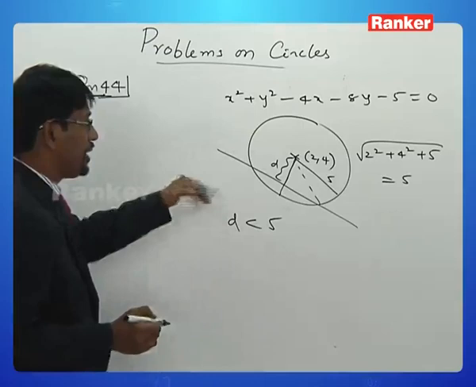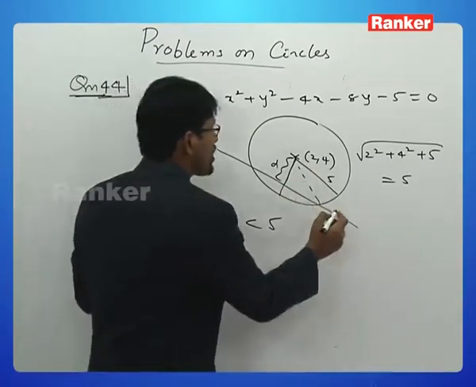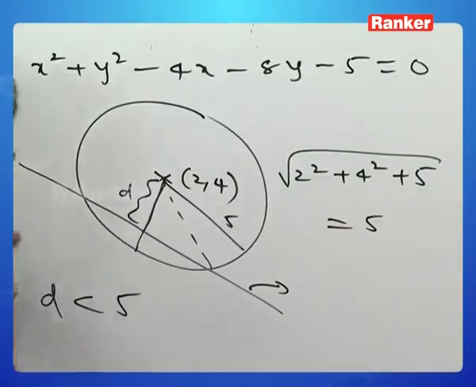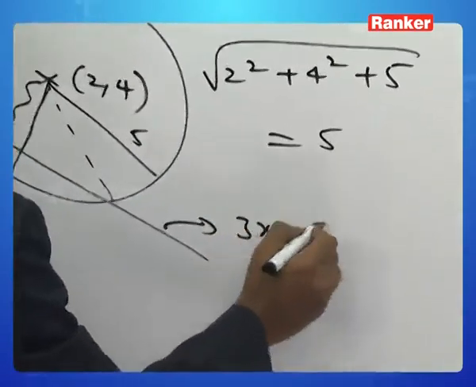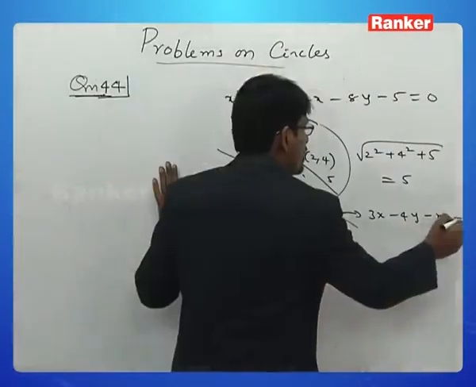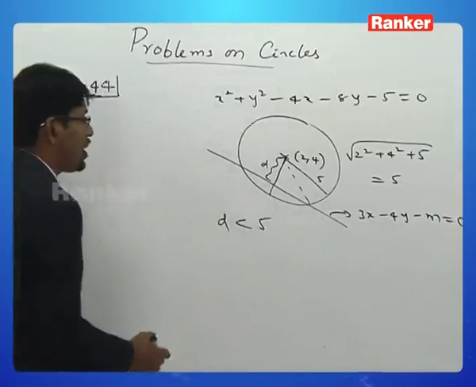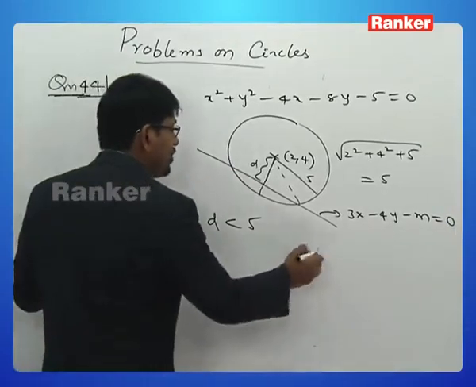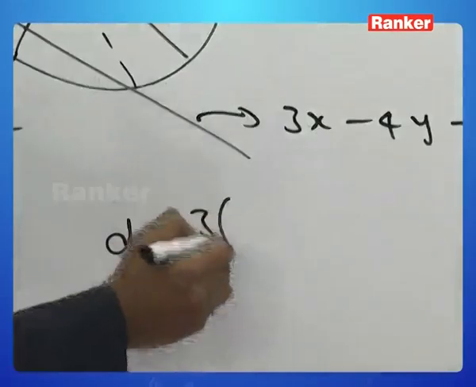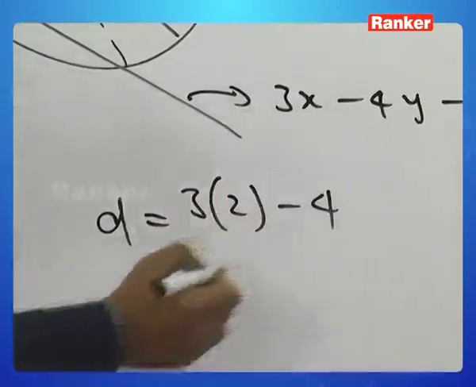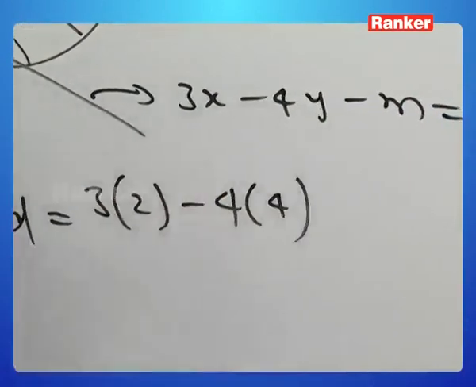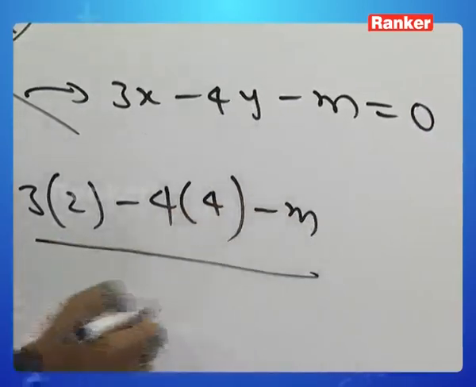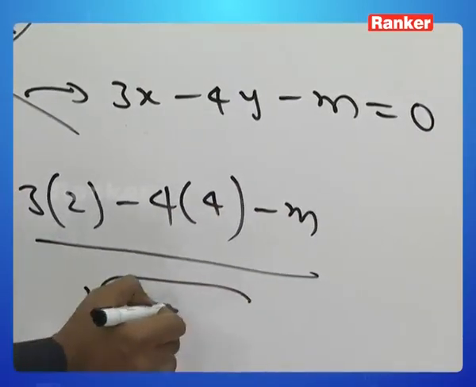What is D? The perpendicular distance from 2 comma 4, the center, to the line 3x minus 4y minus m equal to 0. What is D given by? D, the perpendicular distance, is given by 3 into 2 minus 4 into 4 minus m over under root 3 square plus 4 square.